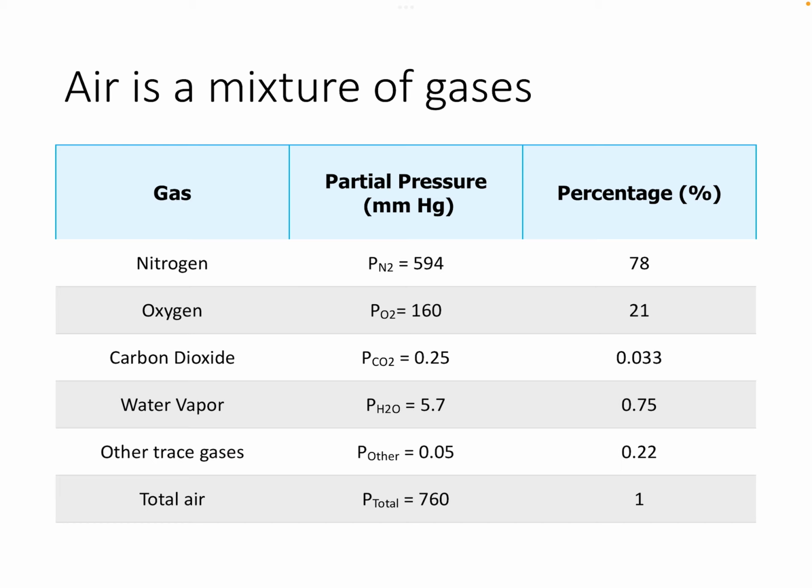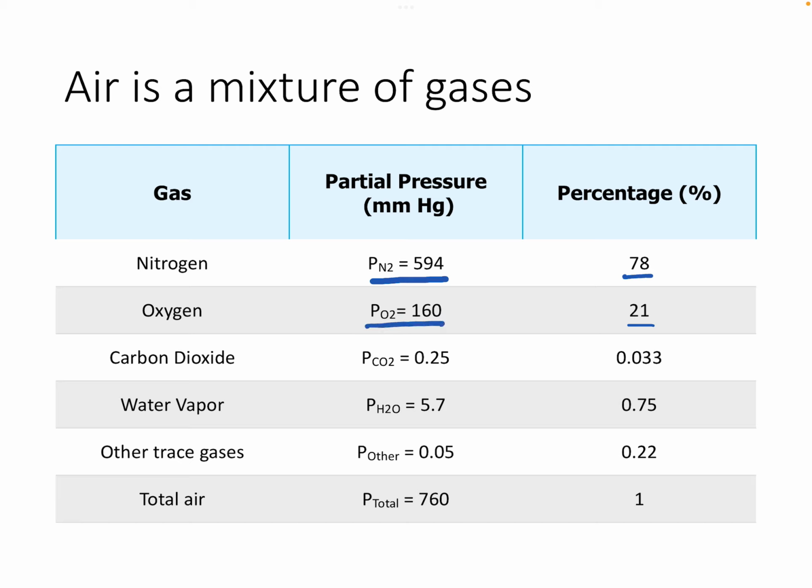Now, nitrogen makes up the largest percentage of air, so it makes up 78% of air. And the partial pressure of nitrogen in air is 594 millimeters of mercury. Oxygen only makes up 21% of the air around us, and its partial pressure is much less.